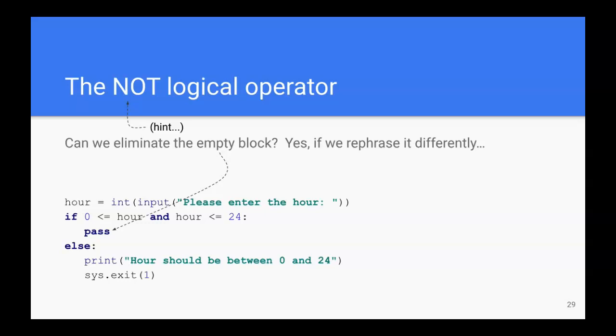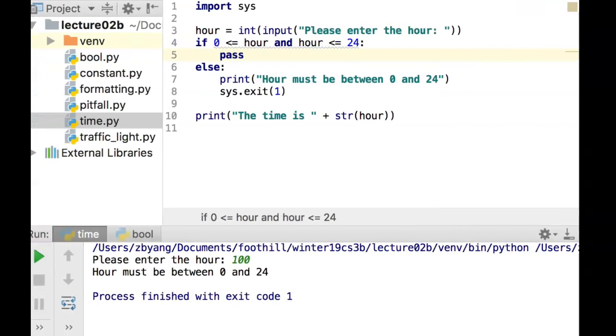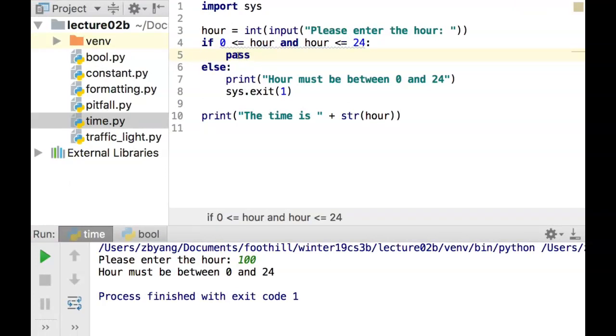Okay, assuming you thought about this, maybe you come up with this sentence instead. If the hour is not between 0 and 24, then it's an error. So how can we write that in Python? Well, fairly easily.